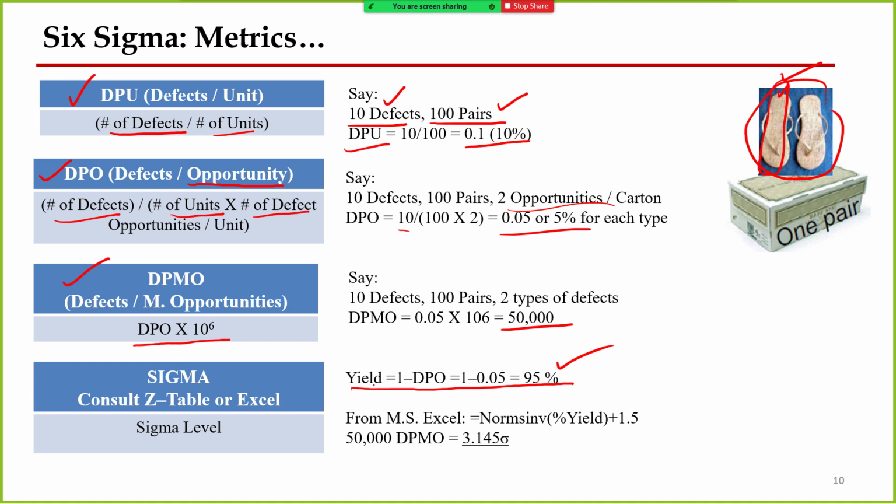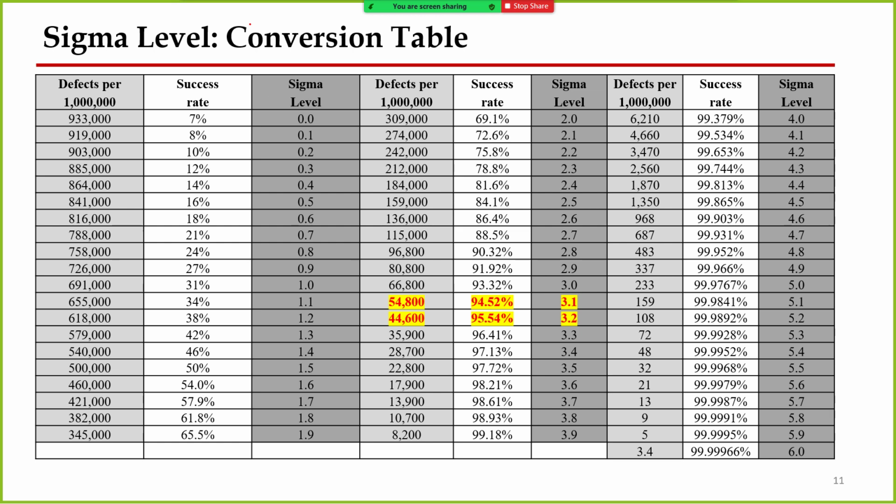Based on this yield or this DPMO, we can calculate our sigma level, or process performance level. If I use the DPMO value to find the sigma level, we have a conversion table. If you search on Google for how to find the sigma level from the DPMO value, you will see this particular table.